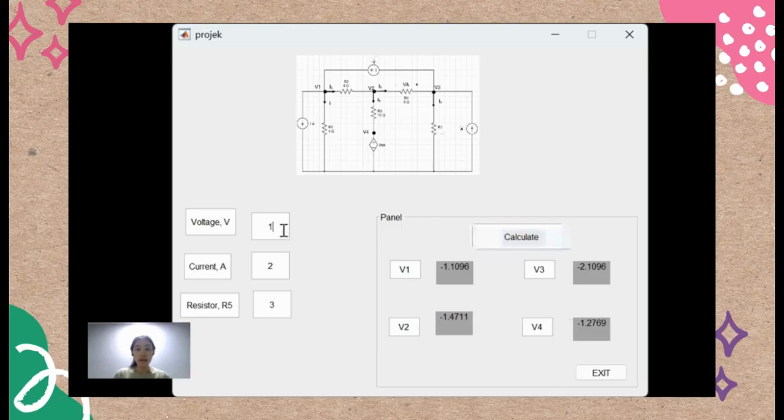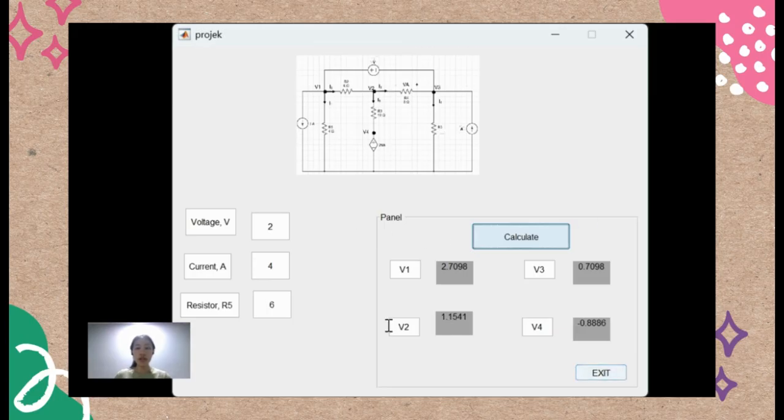And the third set of numbers we calculate is voltage in 2, current in 4, and resistor in 6. We calculate and get voltage V1 is 2.70696, V2 is 1.1541, V3 is 0.7068, V4 is negative 0.8886.